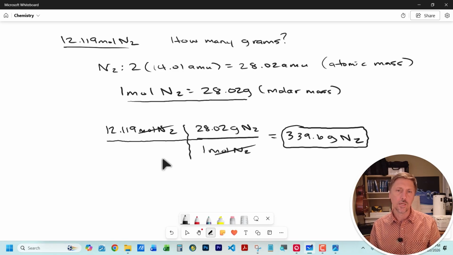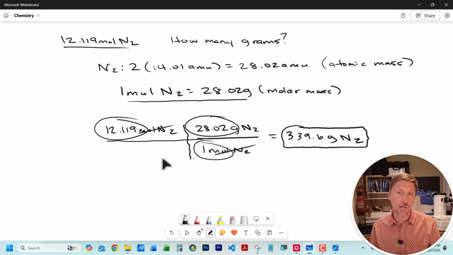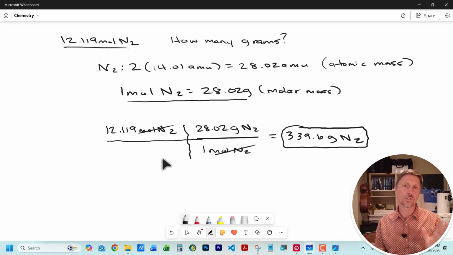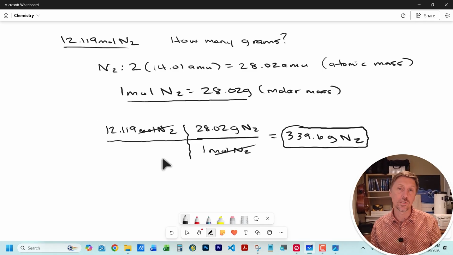So when you see me write it this way, it just means I'm multiplying. This bar right here just means multiplication. So we're taking this value here, multiplying it by this top number. Whatever's on the bottom, we're dividing by that. With these long drawn-out unit conversions, you're going to see that over and over.